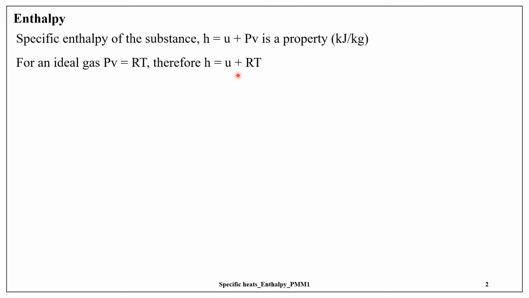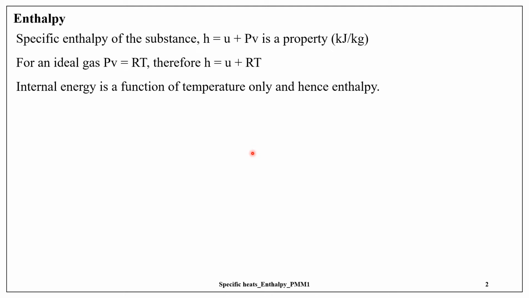Apart from this internal energy, what is present in this equation are temperature and gas constant R, so it is also a constant. Therefore, enthalpy is also a function of temperature only. Because by definition h is equal to u plus RT, u is a function of temperature and here also temperature is present. So enthalpy is a function of temperature only.